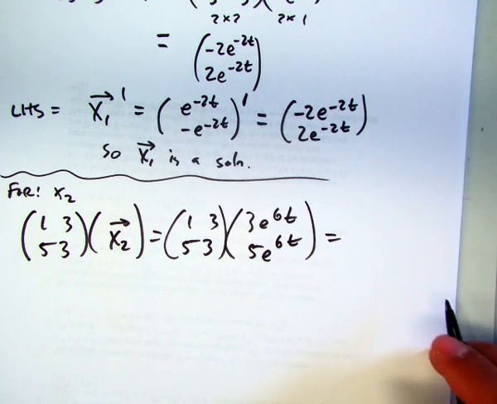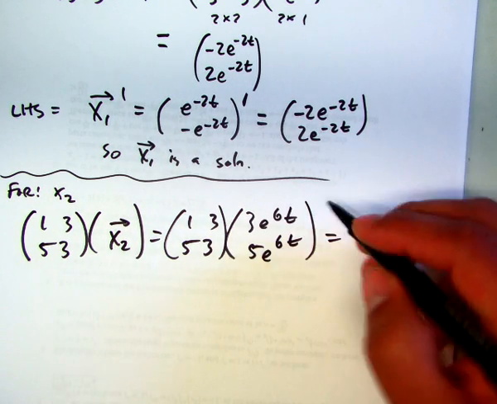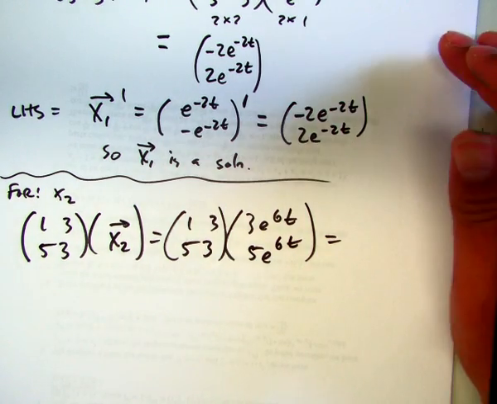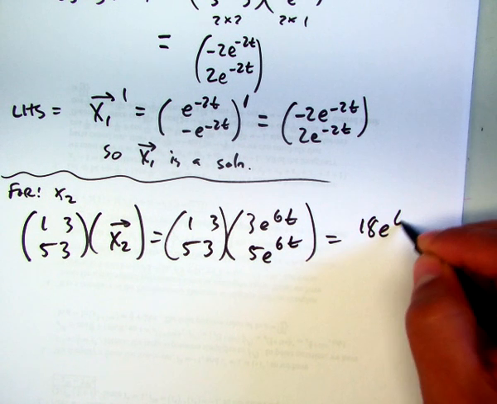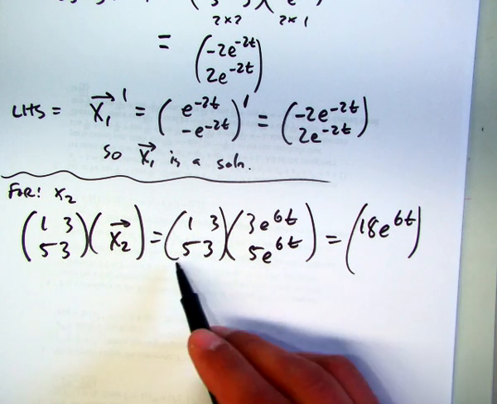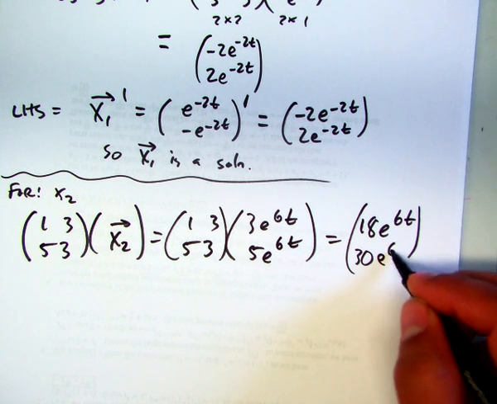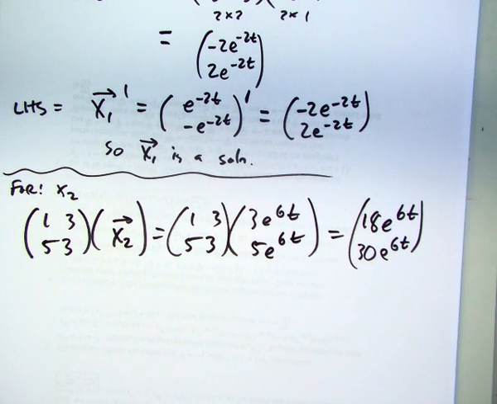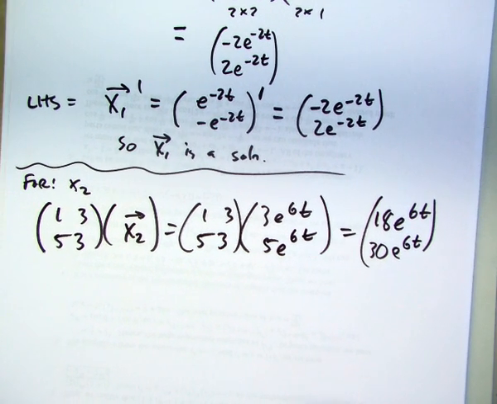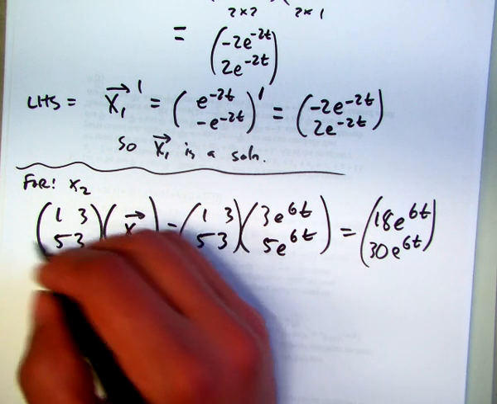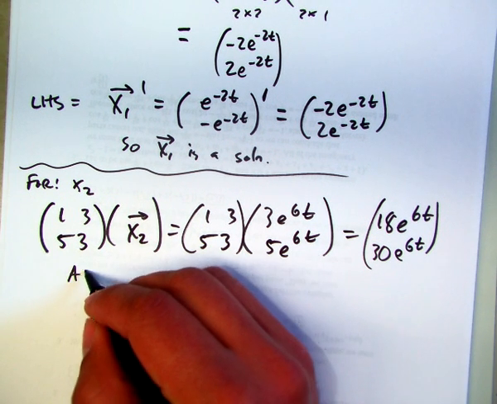Multiply those out, we have 3 plus 15, which is going to be 18 e to the 6t. Then we have 15 plus 15, that's going to be 30 e to the 6t. So again, that's our Ax.